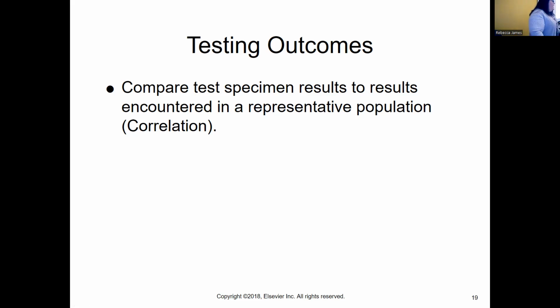So correlation is essentially, in order to get a reference range, you have to take, and I'll tell you what this consists of because you don't have to write this down right now.